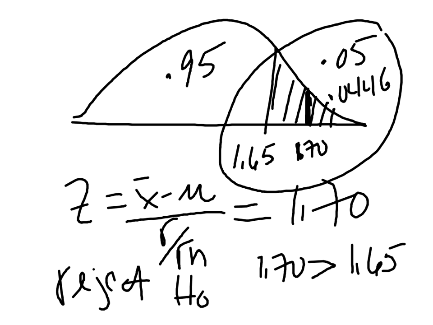Now, I'll do one more here. Let's say that we had a z-value of 1.80. Let's say that was right here. Well, we're still going to reject the null hypotheses. Certainly 1.80 is bigger than 1.65, but the area associated in that right tail with a z-value of 1.80 is 0.0359.